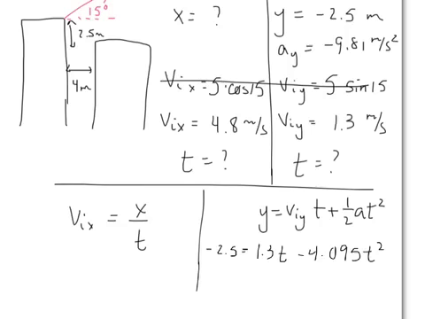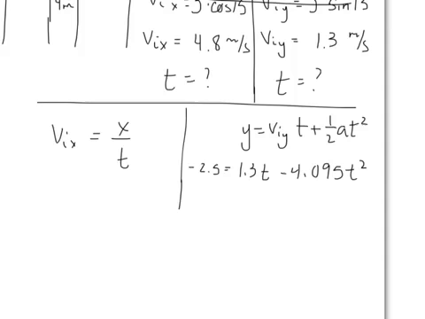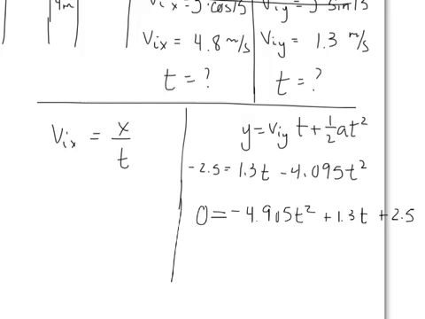Take out your graphing calculator. Put it in the right order though. Well, it really doesn't matter the order because you're not using the quadratic formula. But if we're in the right order, it would look like this. Okay, so go ahead and add 2.5 to both sides by putting a plus 2.5 and then switch the other two so you have it in decreasing order of exponents.